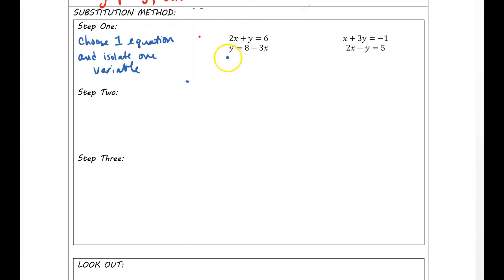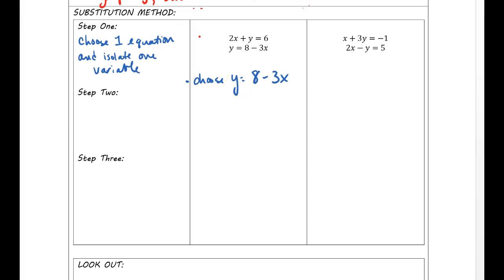But on equation 2, the y is already isolated. So for me, I would choose equation number 2. I would choose this because why? Because the y is already isolated. I don't have any work to do, which is fantastic. So there's me doing step 1.